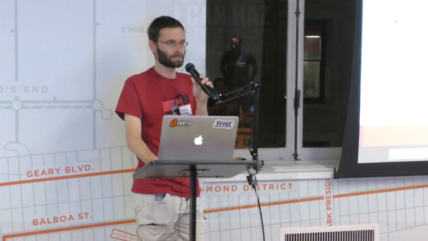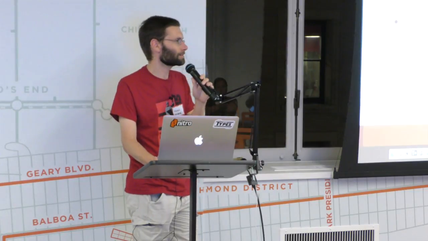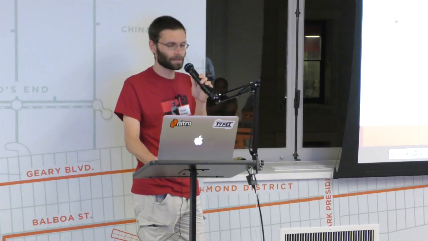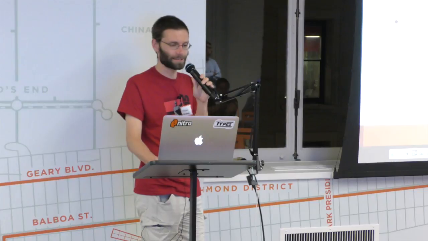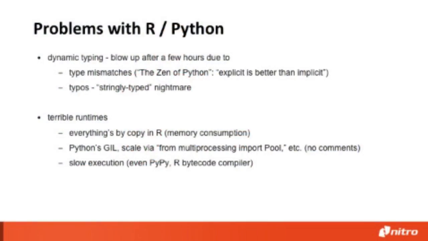but at the same time, as good as Python and R are in terms of the number of libraries, obviously they have a lot of problems, and my least favorite issue about these languages is that they're stringly typed. So I can just have a typo in the code, let alone a type error, and have it fail at runtime after a few hours of simulation because that particular path has not been executed before, and that is really painful.